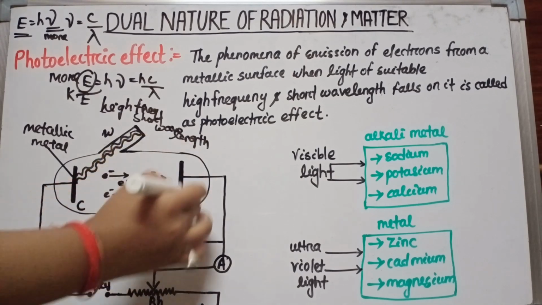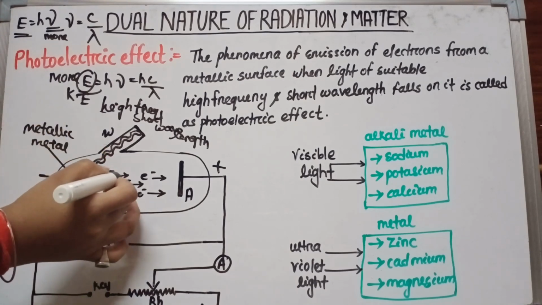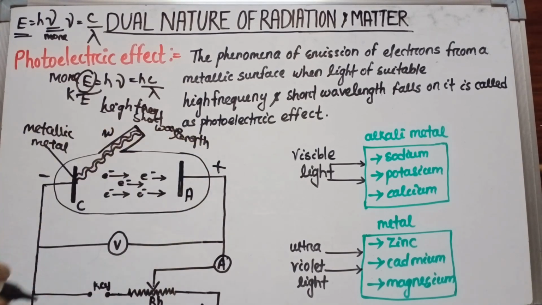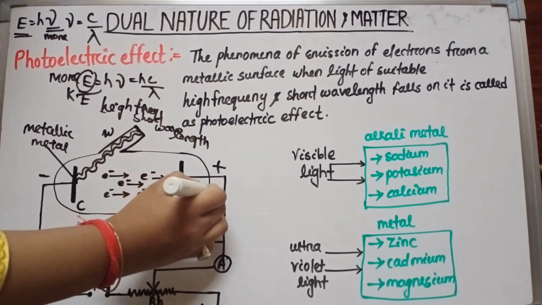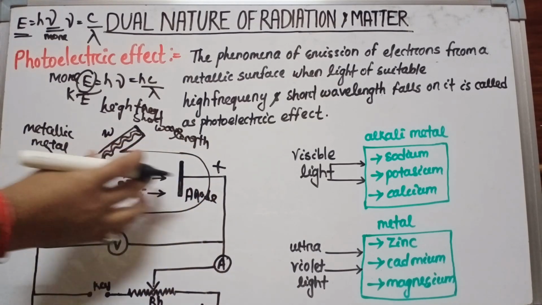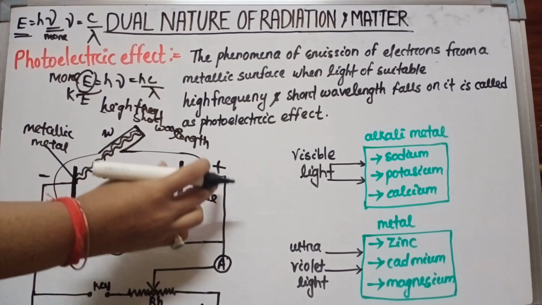The anode has positive potential and the cathode has negative potential, so the free electrons are accelerated or attracted towards the positive plate, the anode.